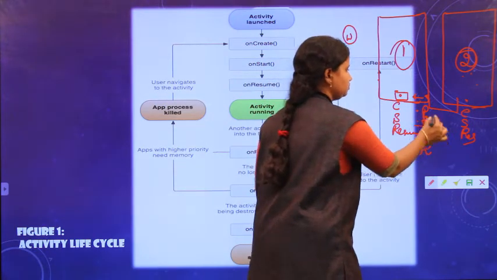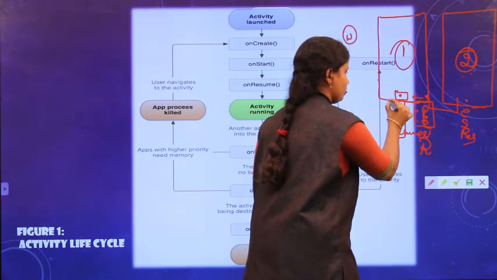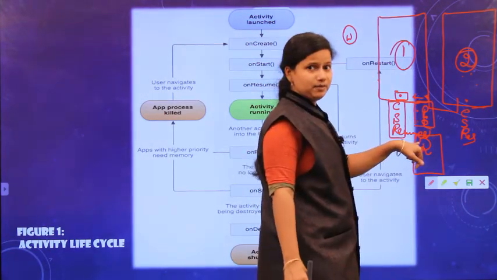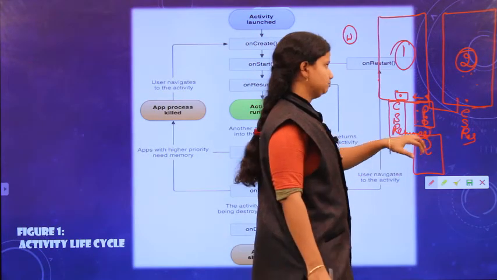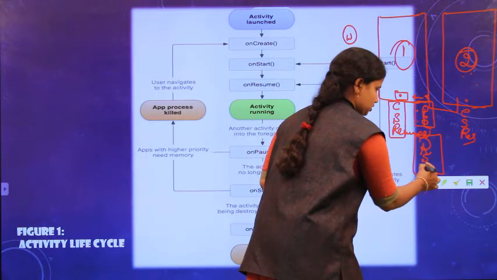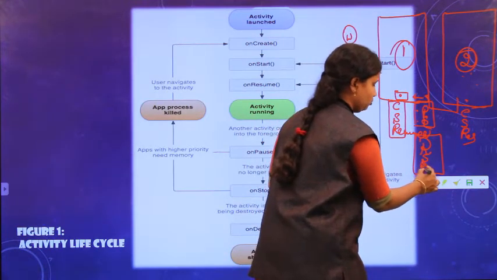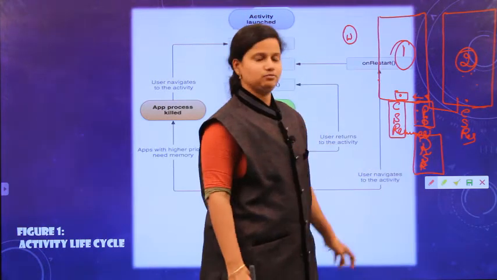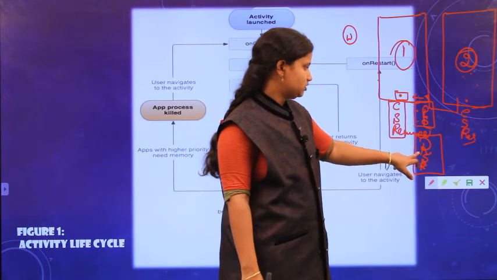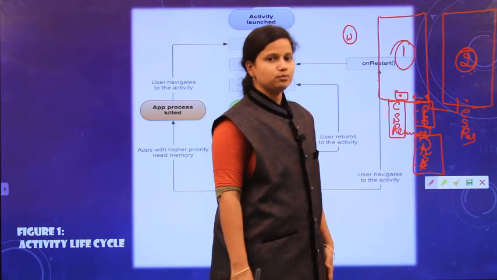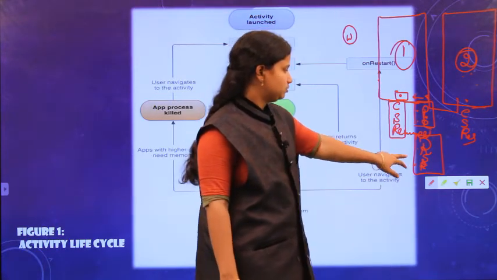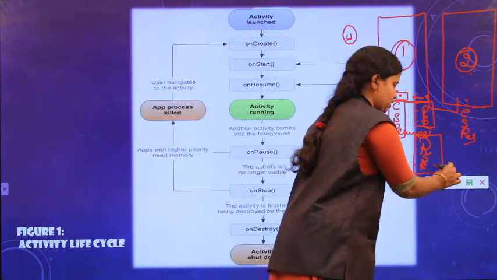It will call restart, since the application is restarting. The user interface will be displayed to the user, so it will call start, and we have to provide interaction with the activity, so it calls resume. So it calls restart, start and resume.